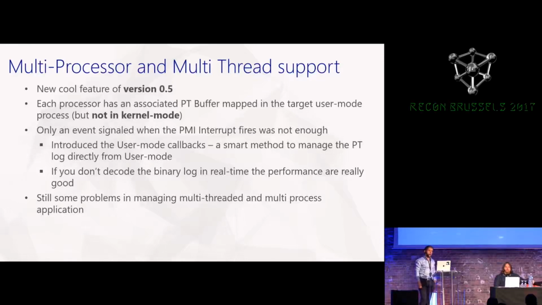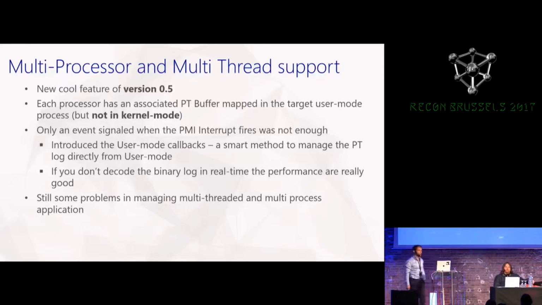And we signaled a PMI interrupt when the buffer is filled. But here there is a problem, because if we fire the PMI interrupt in the same way, the user mode application is not able to detect which CPU has the buffer full in a fast enough way.